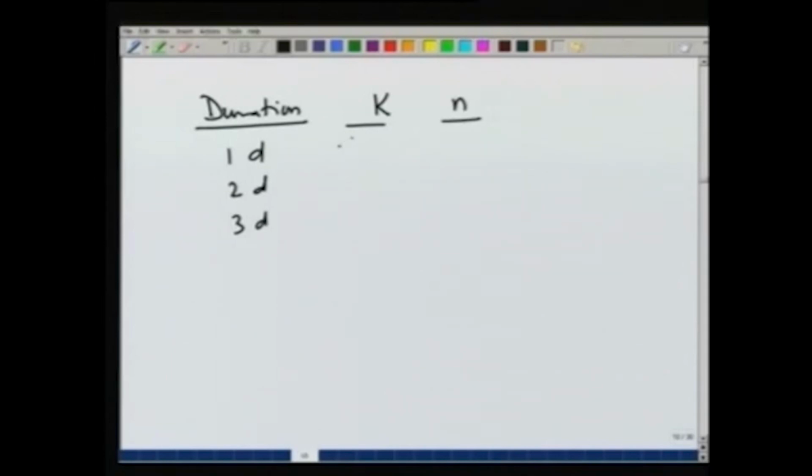K value 0.00085. Now, this data is shown in millimeters. So, if the P is in millimeters, then the values of K and N would be given like this. N is 0.66.